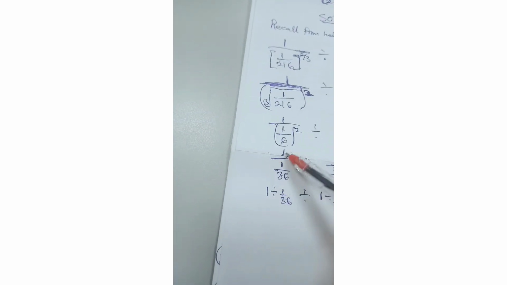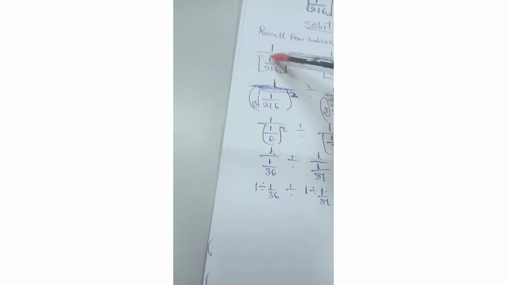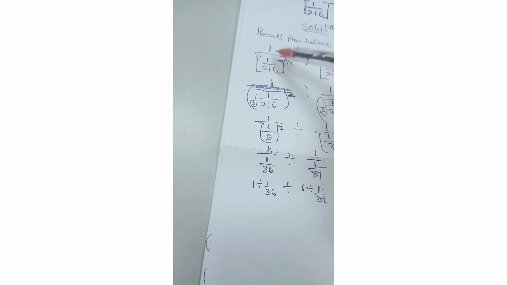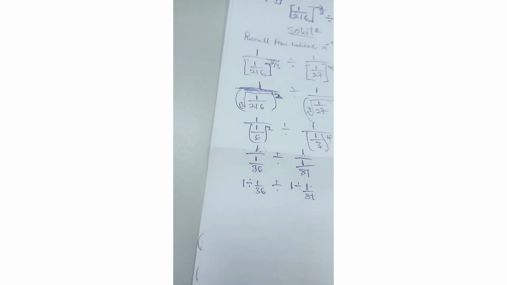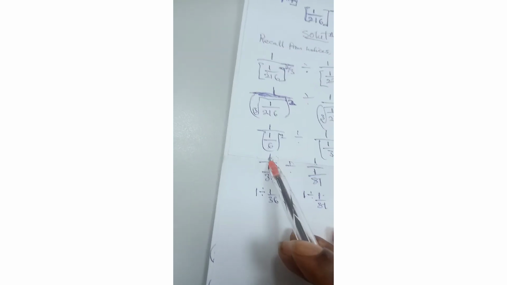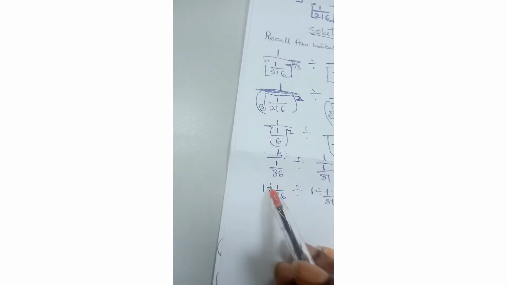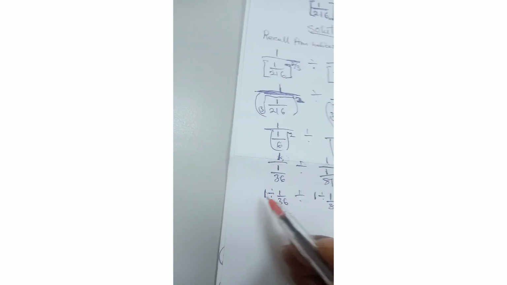What I mean by that is this. Look at this now, at this junction. This 1 over is on its own, and the division here is this.